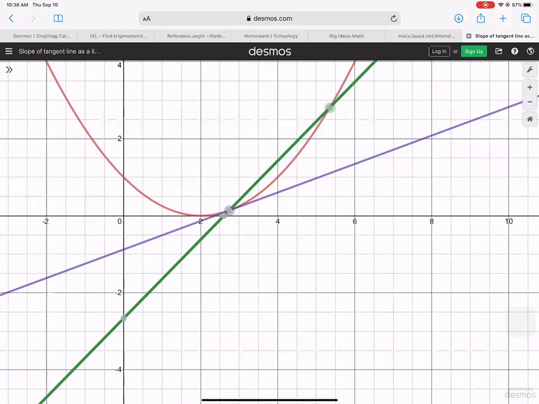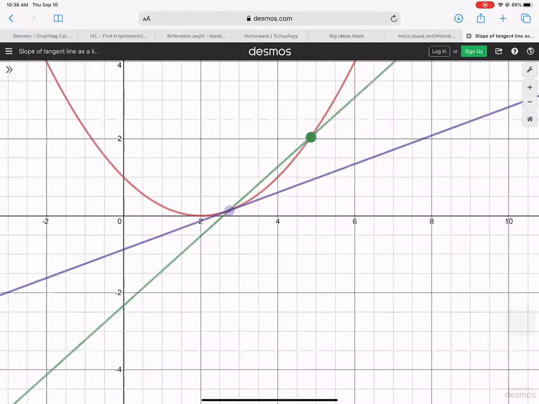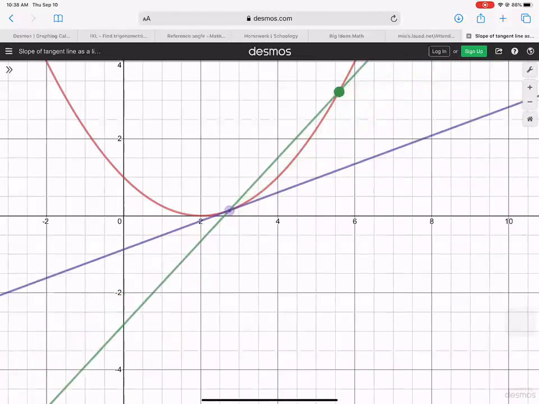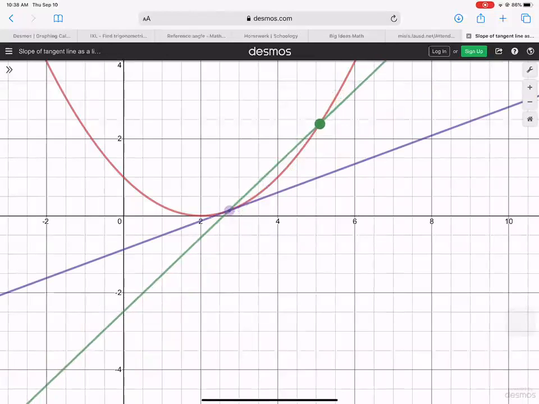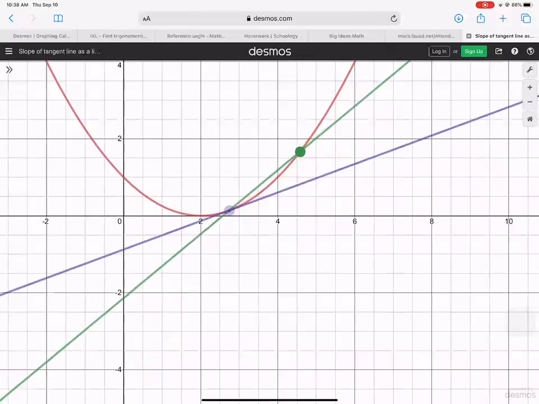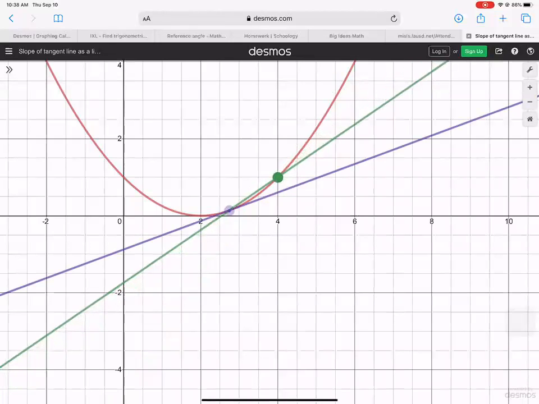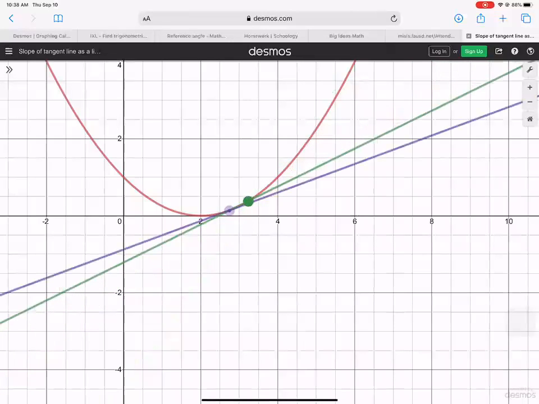So our Algebra 1 skills say I can find the slope if you give me 2 points. But here's something kind of interesting. Now pay attention to this. If the secant line, look at the 2 points. If the 2 points got super close together, it would look like the tangent line.